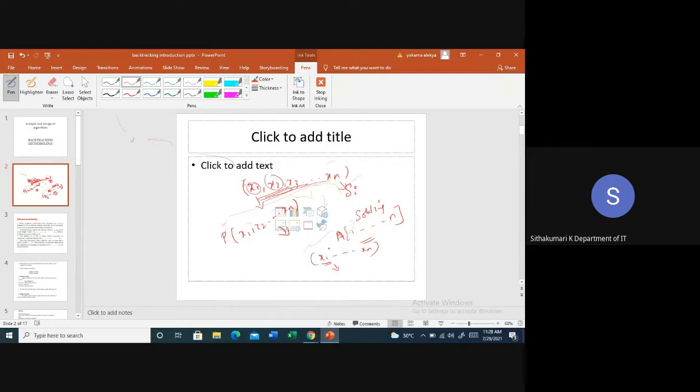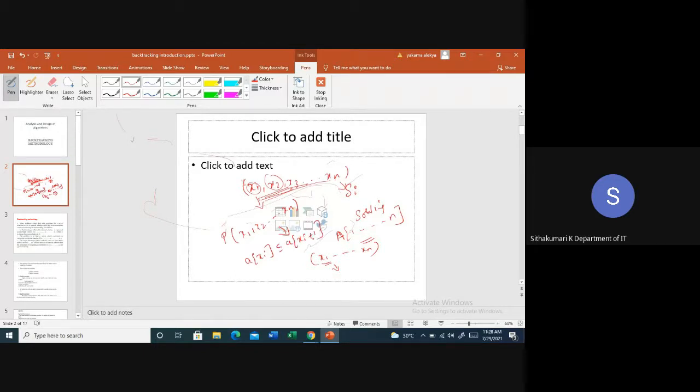Each xi value will tell you: what is the fifth smallest element? What is the second smallest element? What is the third smallest element? You need to provide this, and that will give you the index. And what is the constraint, the objective function P here? A of xi should be less than or equal to A of xi plus 1.